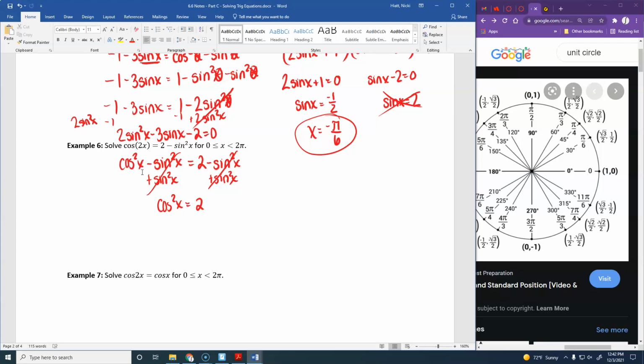So you wouldn't change cosine squared x to 1 minus sine squared x? You could. Let's go down this route in a second and check the other way as well and see if we get the same answer. Because when I square root both sides here, I get cosine x equals plus or minus the square root of 2. Does cosine x ever equal plus or minus square root of 2? It does not. So I don't get any answers from that, which would mean this would be no solution.